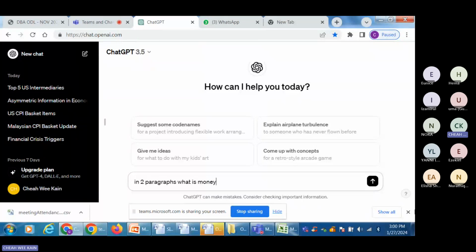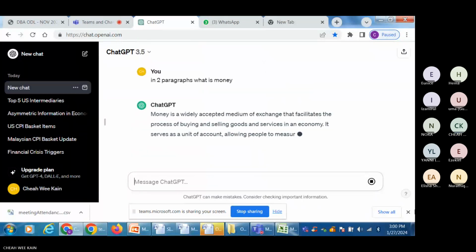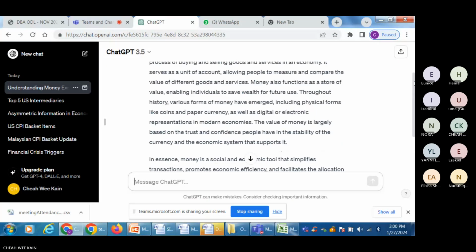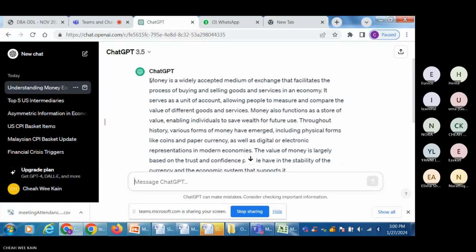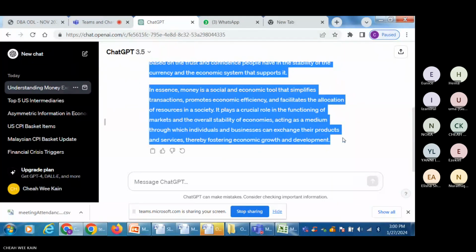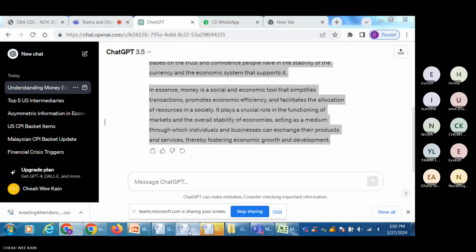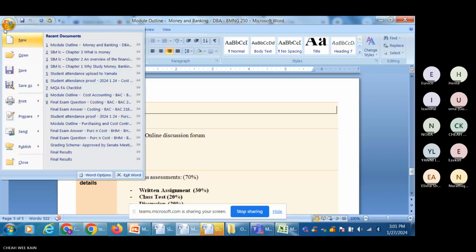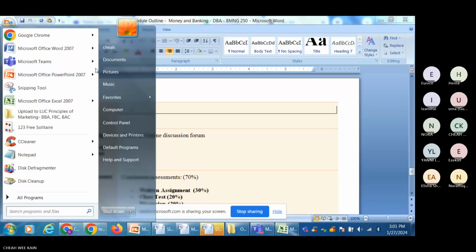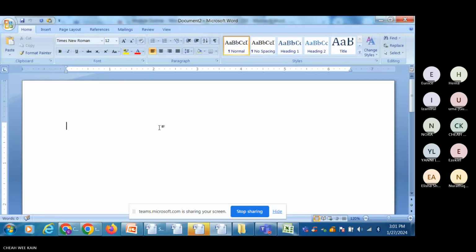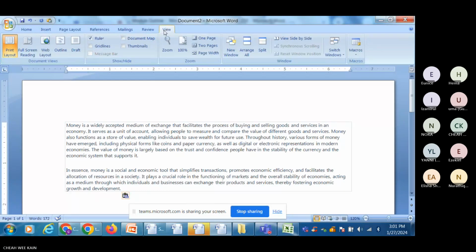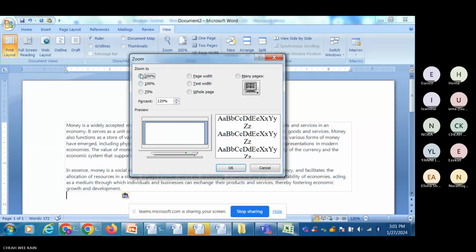Now, if you ask a question like this, in two paragraphs, the answer will come out in two paragraphs, right? Now, let's say you copy these two paragraphs and go to Word.